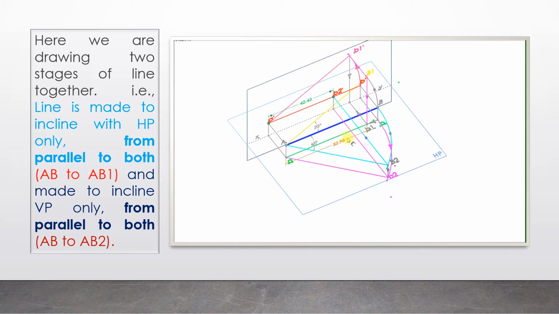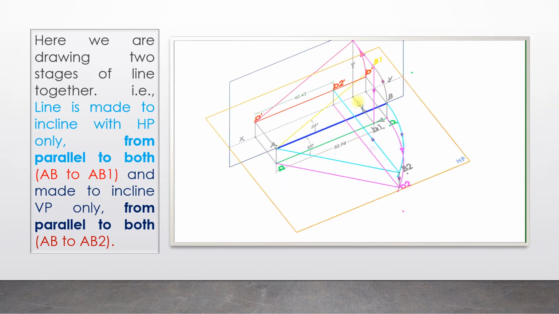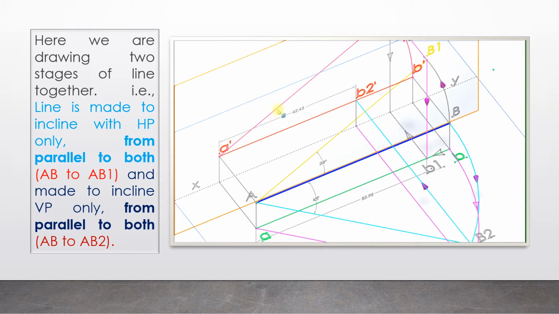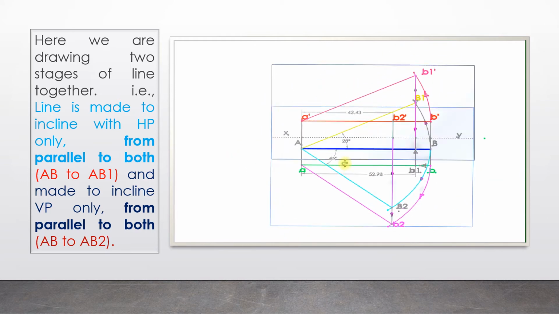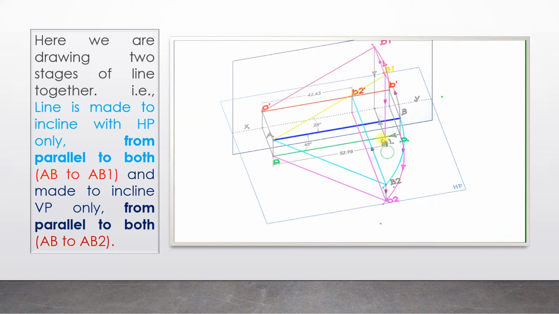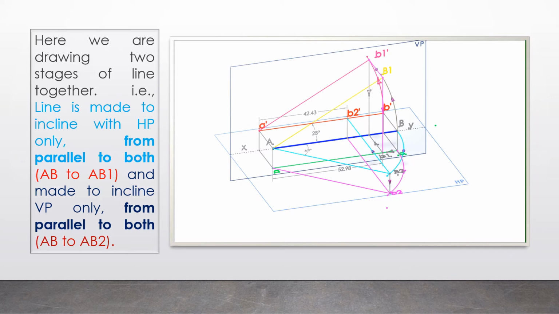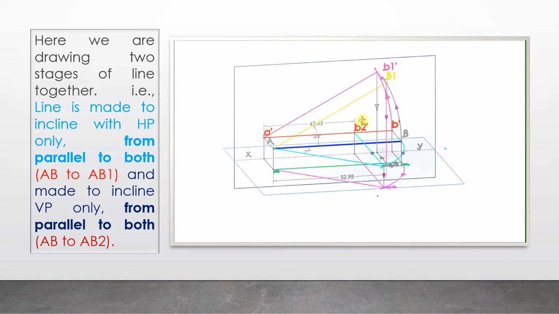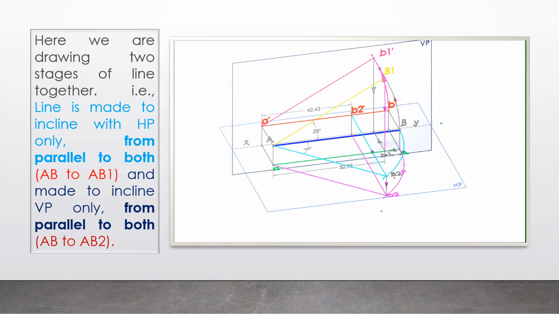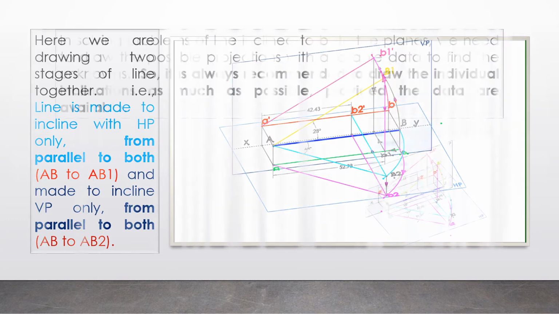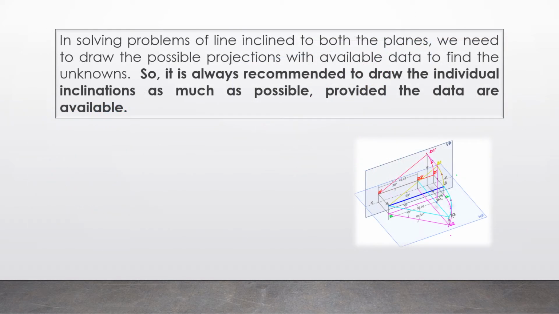Note down the shortened length a dash b2 dash, and ab1 is the shortened length when the line is inclined to HP only. But ab1 is parallel to XY, and a dash b2 dash is parallel. Both are 2 stages.